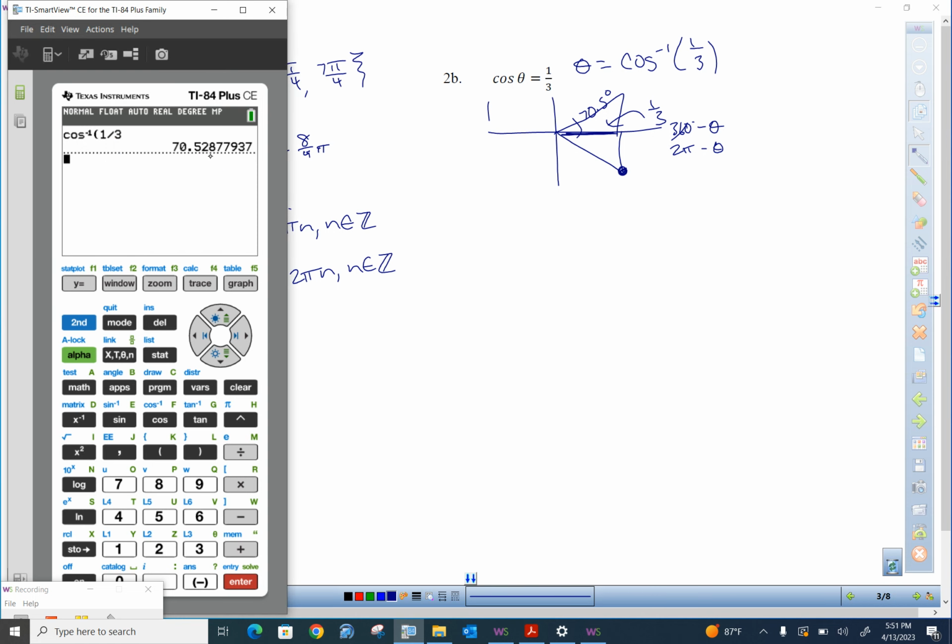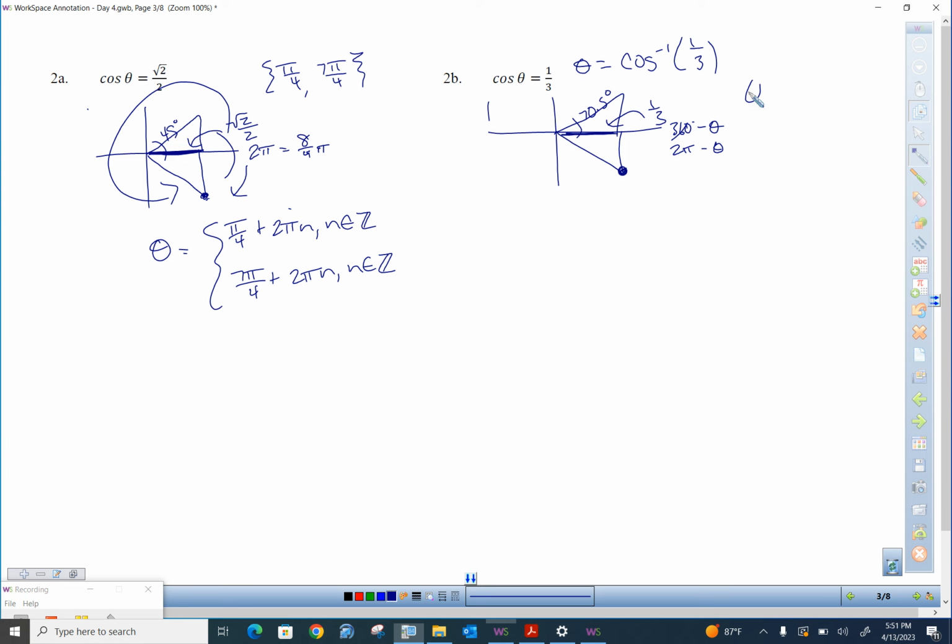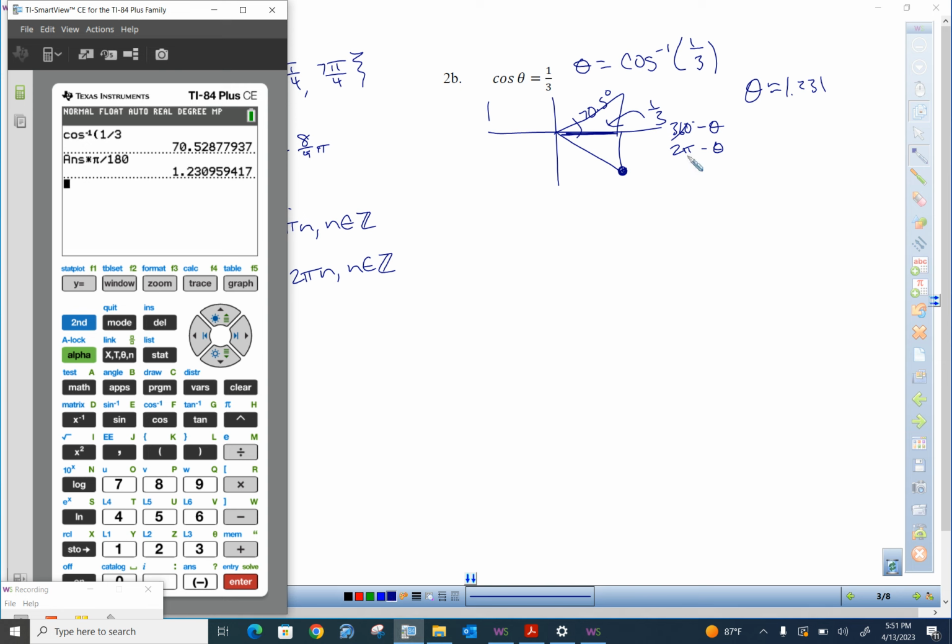Just using our picture to kind of help us get reasonable values. Okay, so let's go ahead and change that to radians. Times by pi, divide by 180. And we're using 3 decimal places again, like last time. So 1.231. And then the second one, we decided 2 pi minus that number.